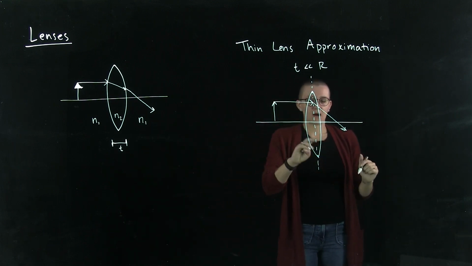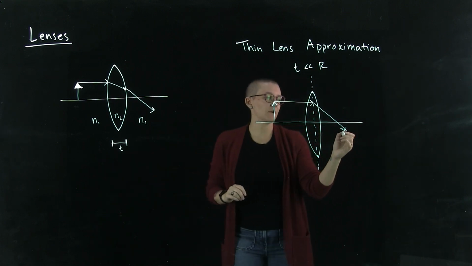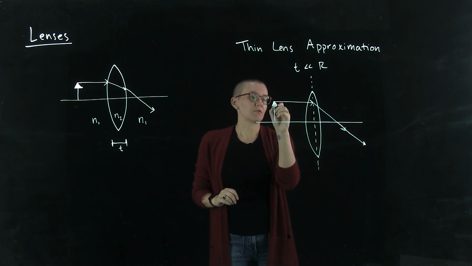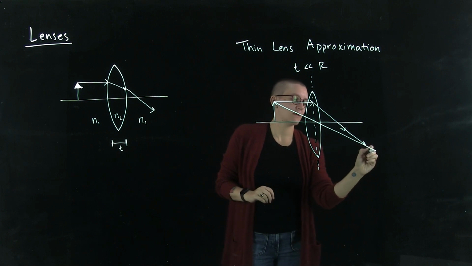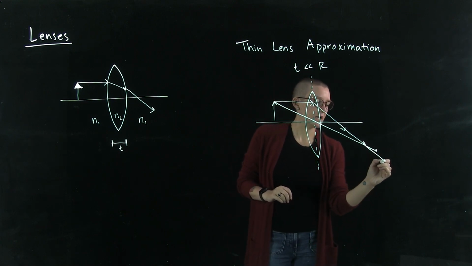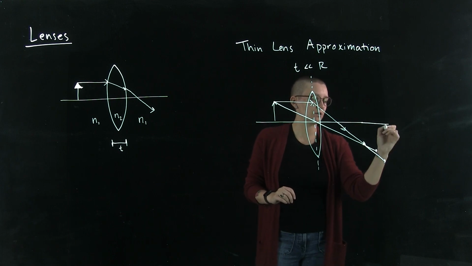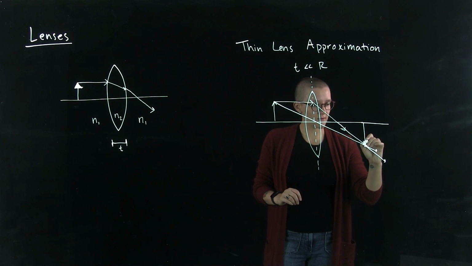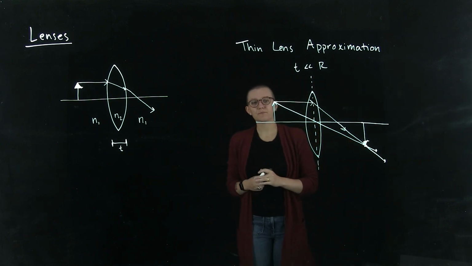Now we can draw a couple things here. I'm going to actually extend this ray a little bit further, and I'm going to draw a second ray so we can try to find where our image is located. Sometimes this happens. You'll have to keep extending your rays until you can find where they intersect. There we go. There's our image, just like we did for plane mirrors.